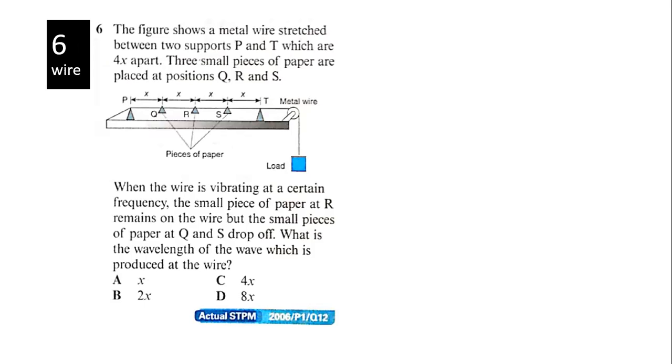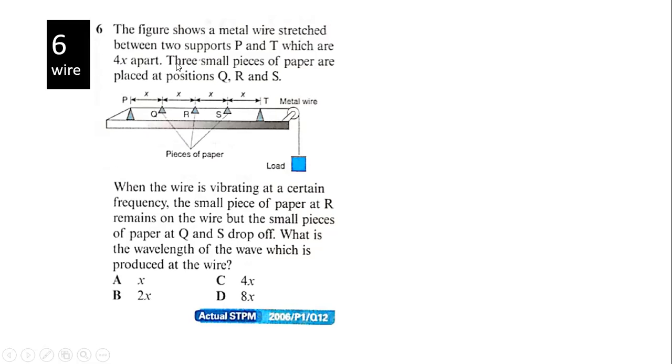The figure shows a metal wire stretched between 2 points P, T, that's your P, that's your T. You can take your P and your T as nodes. It's not moving at all.